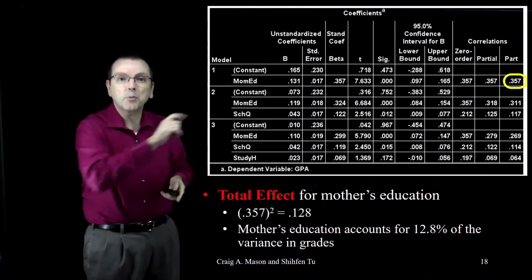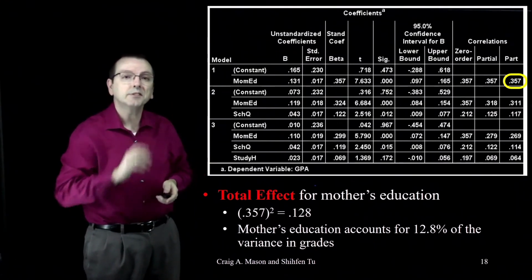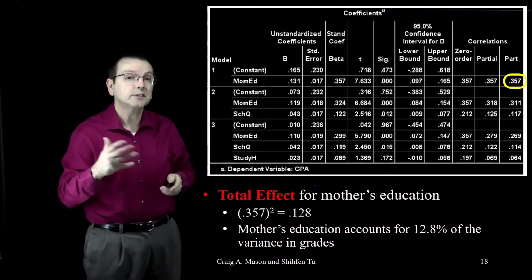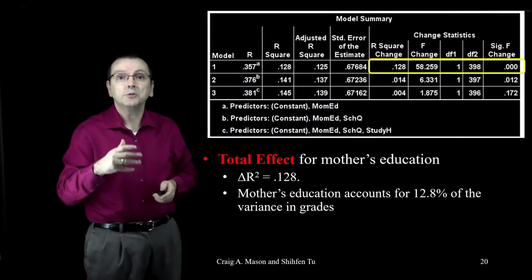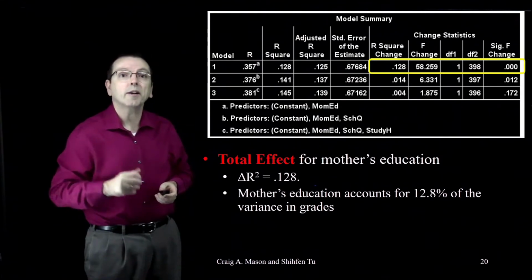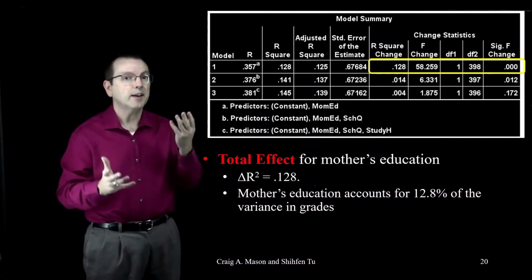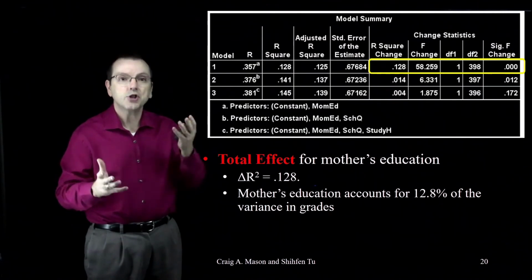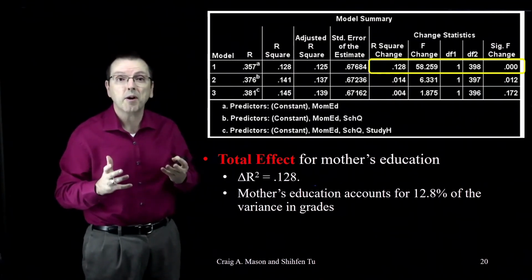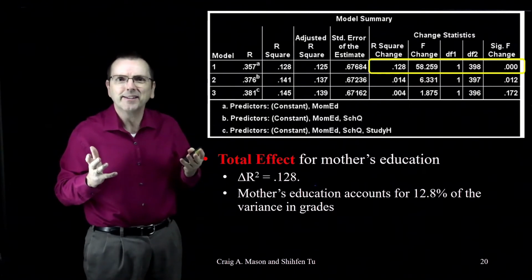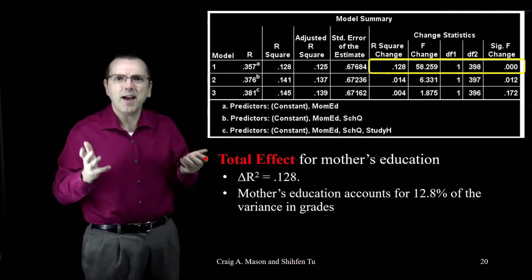Now, instead of the squared semi-partial, you'll also often see researchers report the same idea using the change in r squared at each step. In this case, notice that because we've added a single variable, the change in r squared and the squared semi-partial are the same thing. So they have the same value, right?